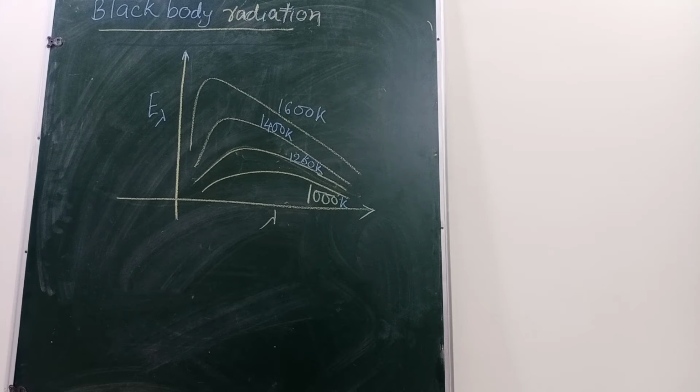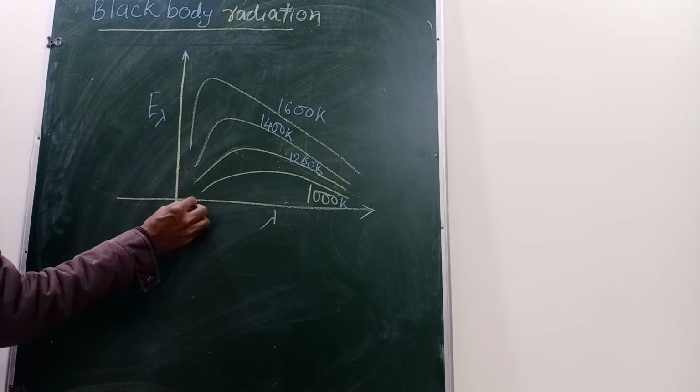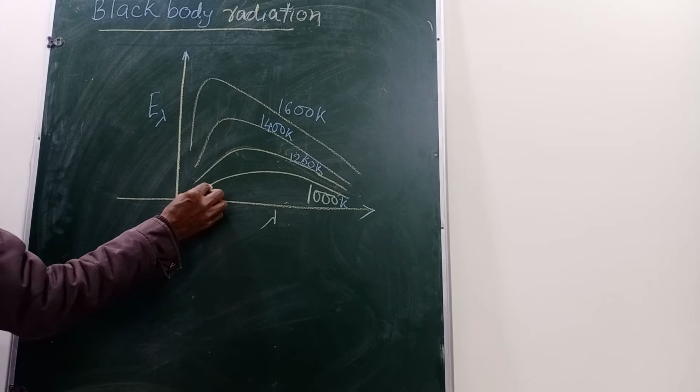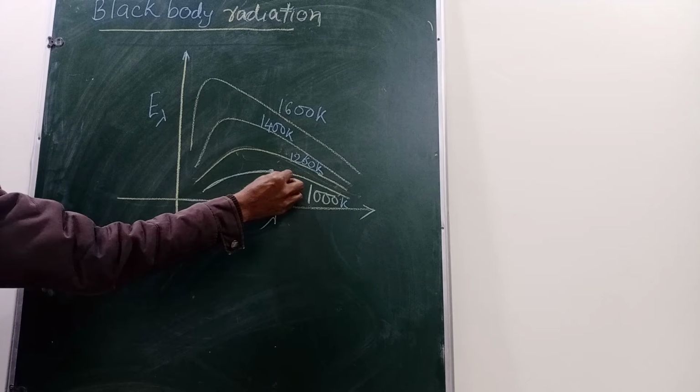He used one black body and plotted a graph between the wavelength of emitted radiation on the x-axis and energy per meter square per second on the y-axis. In the graph, as wavelength increases, energy increases, and at one point we get a peak and then energy decreases.